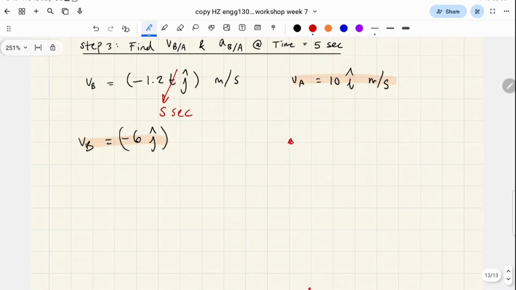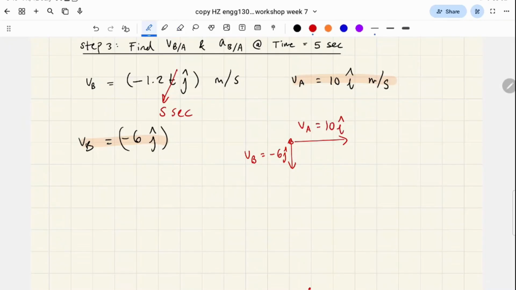You draw VA and you draw VB as a vector diagram, and they're both originating from the same point, right? So VB is this one, and it's going down. And then VA is going to the right, and I like to draw them relatively to scale.